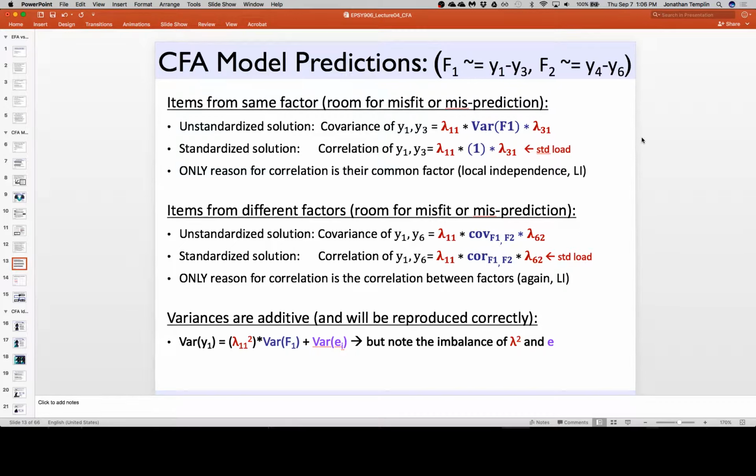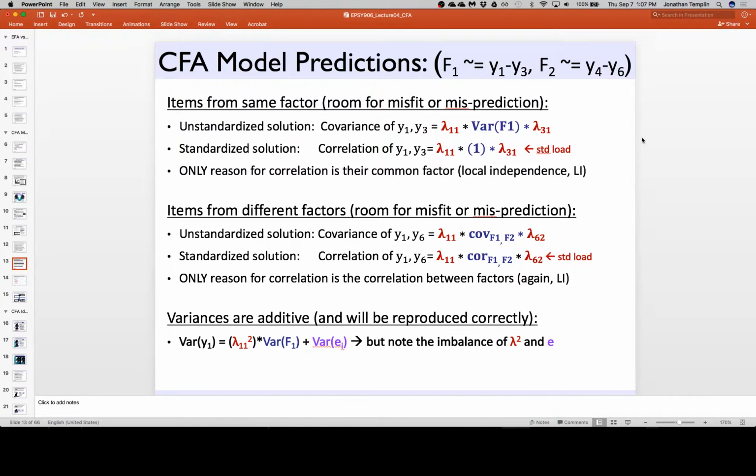I don't know what the loadings are, but I'm going to estimate them such that this is true. And that doesn't fit the data all the time. In fact, most of the time it doesn't. And because it can be different from the data, that's where you can say, no, this can't be two factors, because if it were two factors, I'd see that this is a good prediction. It's not. So that's where we get our chance to test. That's where model fit really comes from.